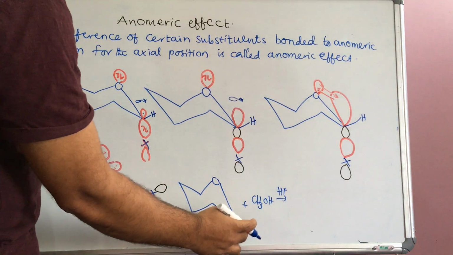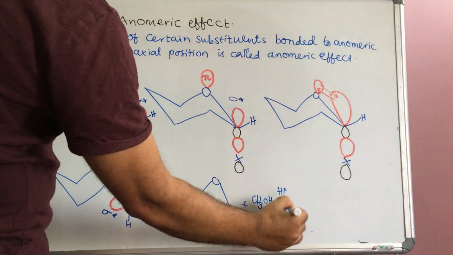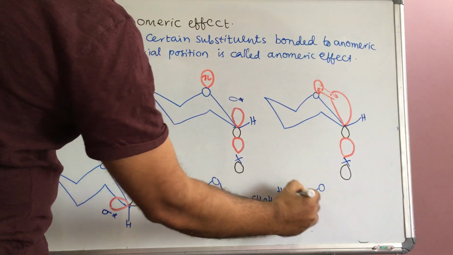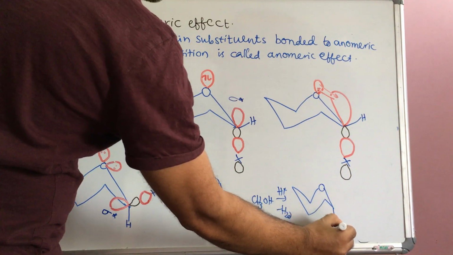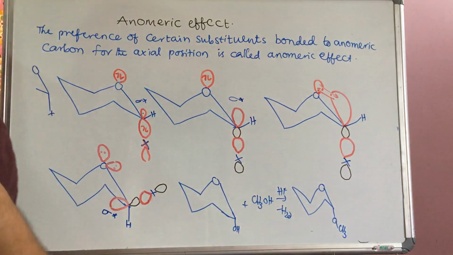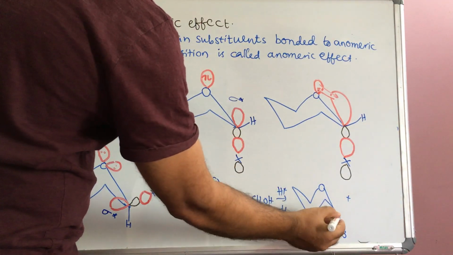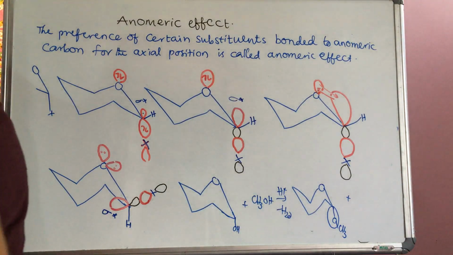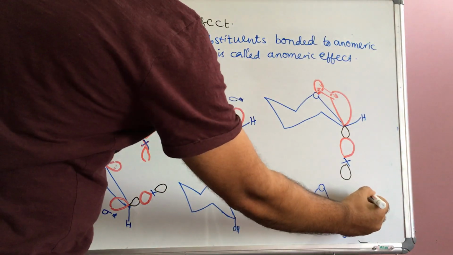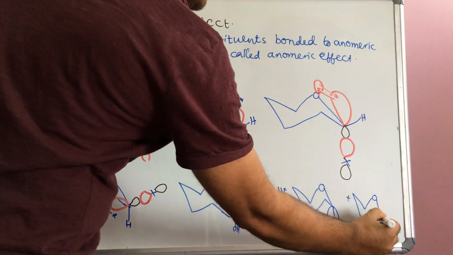Then this H and OH are lost as a water molecule. Then we will get this type of OCH3. This type of ether bond is there, and that is called a glycosidic bond. If it is the equatorial position, then what will happen?